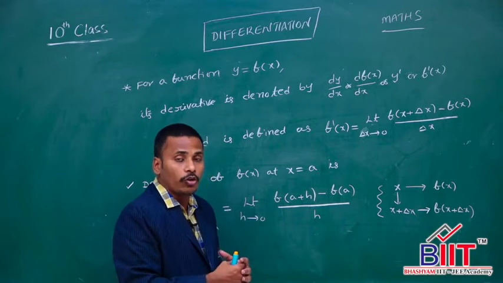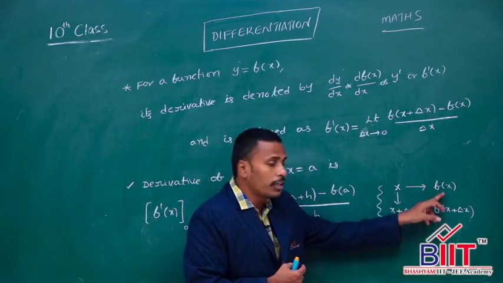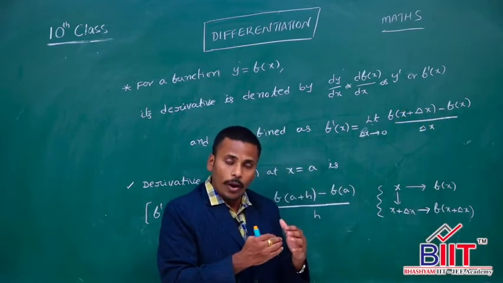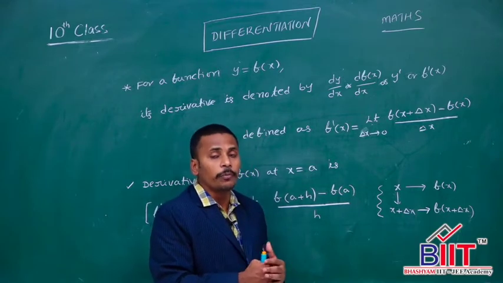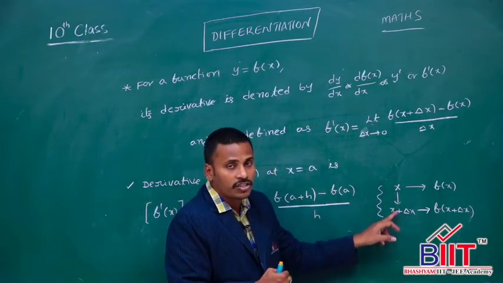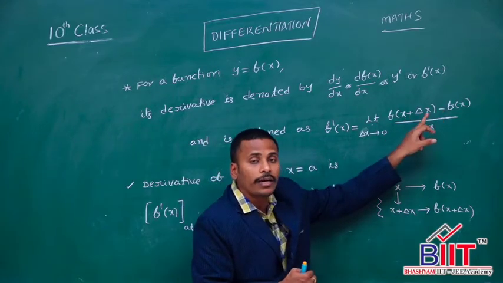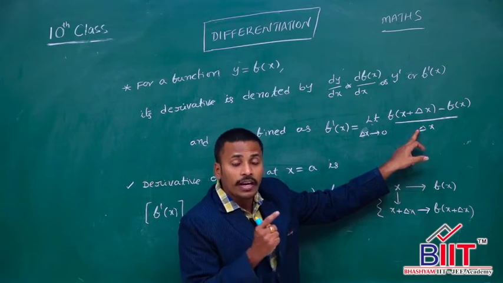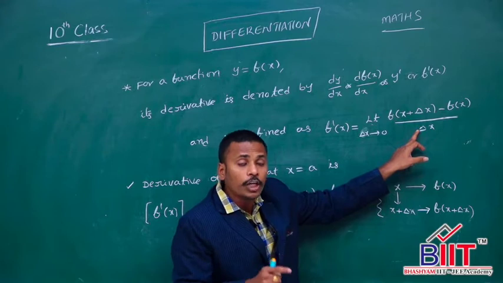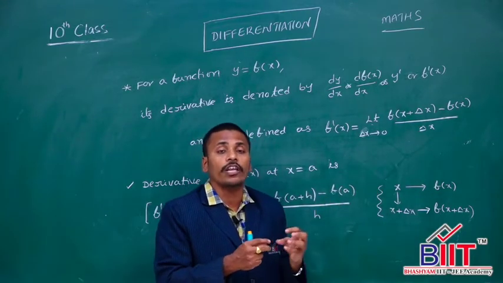We need to calculate the change in the functional values. That means the difference between these two, f of x plus delta x minus f of x, divided by the change in the input x values, the difference between x plus delta x and x, which is delta x. So f of x plus delta x minus f of x by delta x represents the rate of change in f of x with respect to x, and we need to calculate this ratio as the change in x is very small.